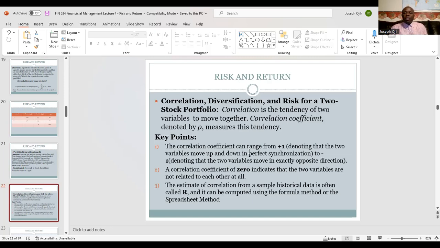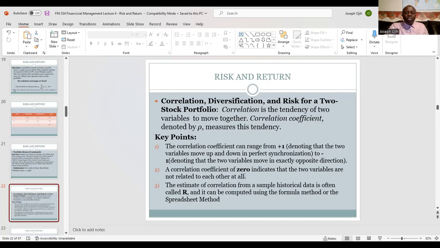So plus one denotes that the two variables move up and down in the same direction. That means if one increases, the other one increases. If one falls, the other one also falls. Then -1 means that the two variables move in exactly the opposite direction. That means when one is up, the other one is down, and vice versa.